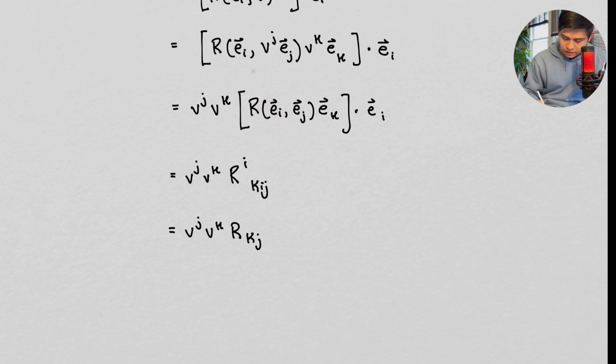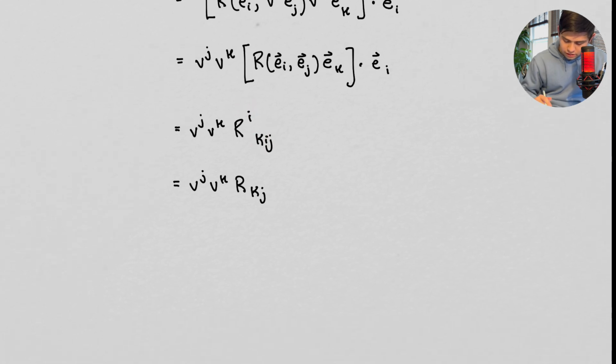These are the two directions again, EI and EJ. And we can see here that the I's sum over each other, and so, as we've seen, the definition of the Ricci tensor is a contraction of the Riemann curvature tensor. And so we get this.